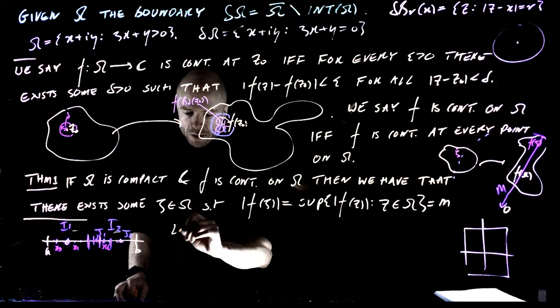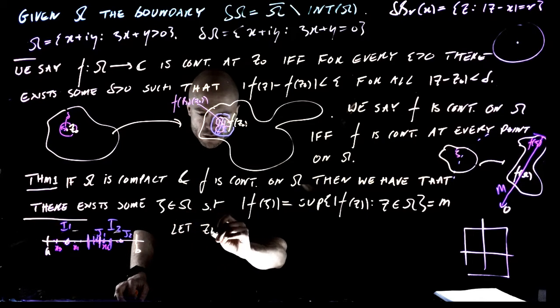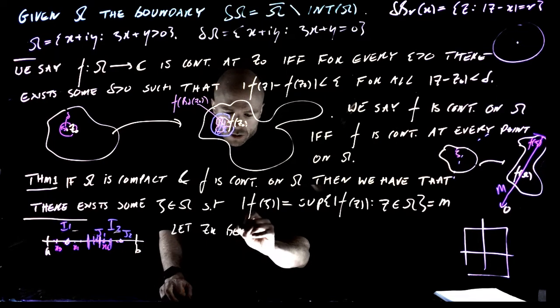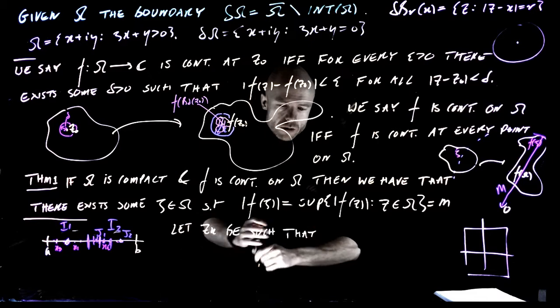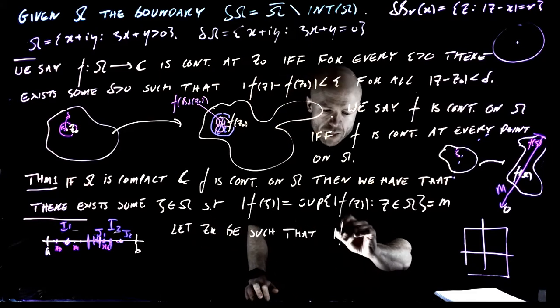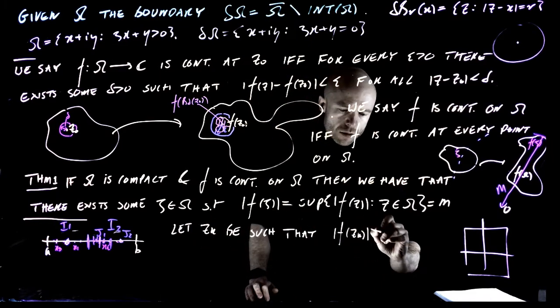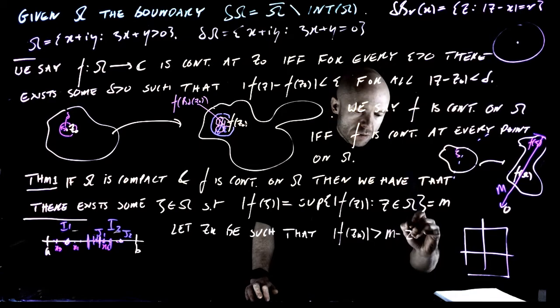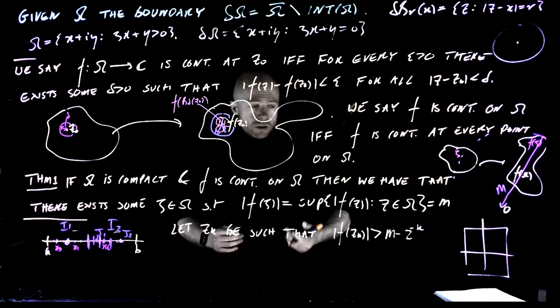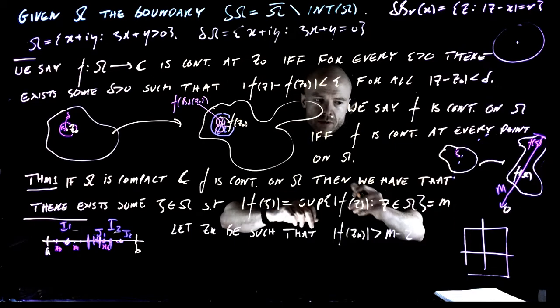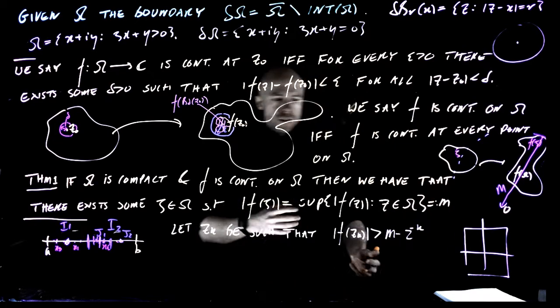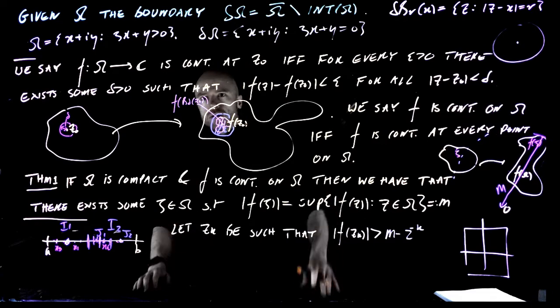So let zk be such that the absolute value of f of zk is bigger than m minus 2 to the minus k. For sure, we can find such zk because that's the definition of m. If we couldn't find such a zk, then m would have to be smaller than it is.